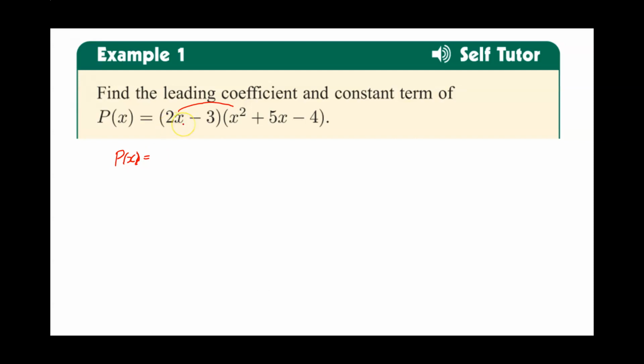So 2x times x to the power of 2 is 2x to the power of 3. And then I'm timing this plus 10x to the power of 2. And then take 8x, which is that. And take 3x to the power of 2. Take 15x. And then plus 12. Okay? And then you can collect the like terms.